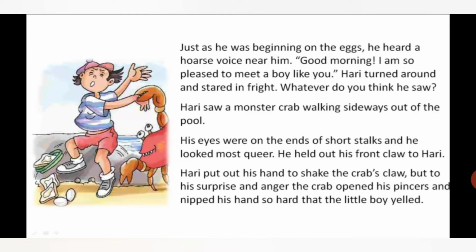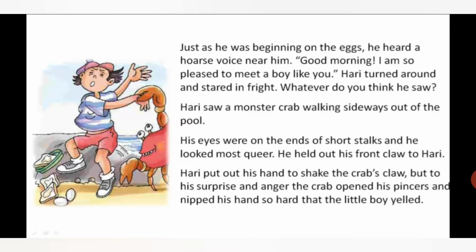Okay, children. So when he saw that a monster crab was coming there, the crab took out his hand to shake hands with Hari. Hari also, incidentally, was thinking of something else, and in a moment he gave his hand to the crab for shaking. And when they both shook hands, what happened?